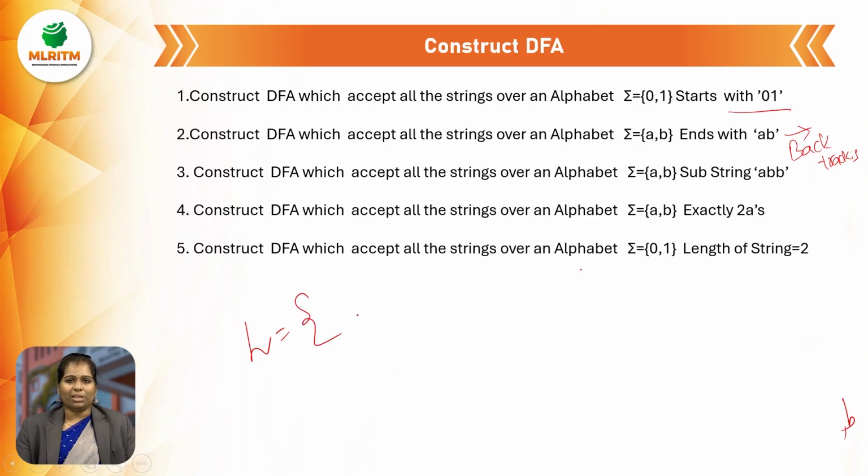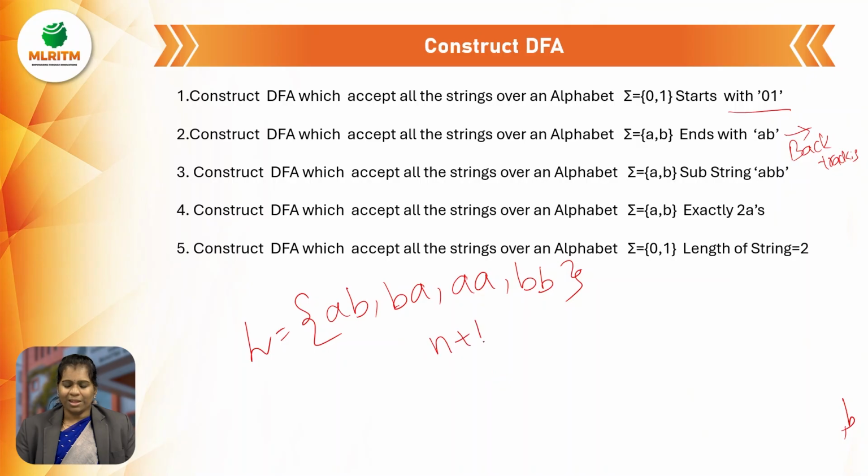The length of the string is 2, so AB, BA, AA and BB. With the length of the string being 2, we have only these 4 possibilities.